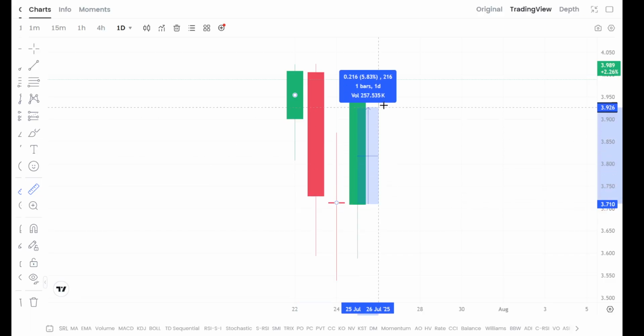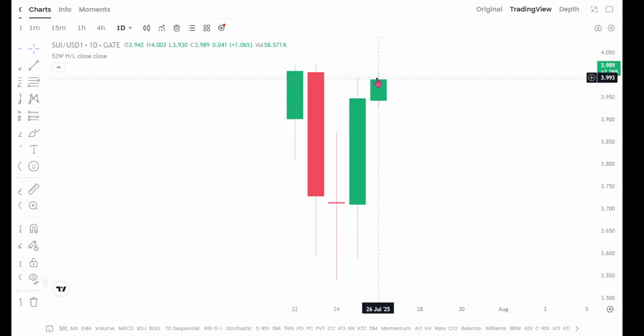Market price went up and was increased to 3.947 USD1. 0.237 USD1 was the profit, and it was 6.4%. 237 USD1 was the profit, and in this one bar, one day, 257.535 SUI has been traded.